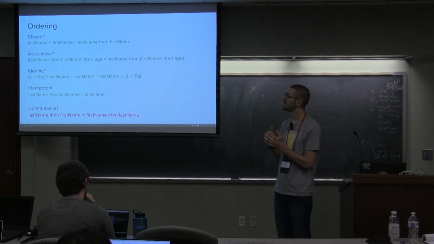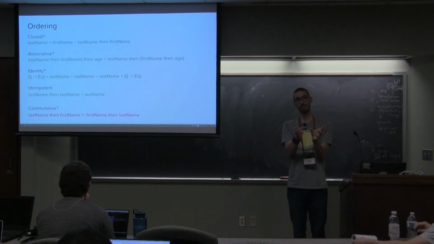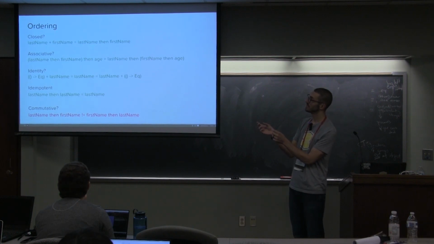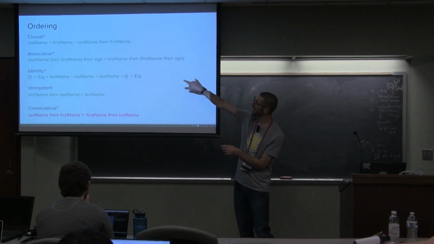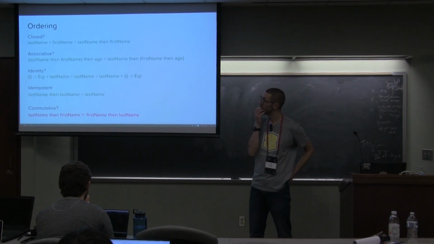It's also associative because we can say last name, then first name, then age, or we could group first name, then age, or group last name, then first name first. It really doesn't matter either way.